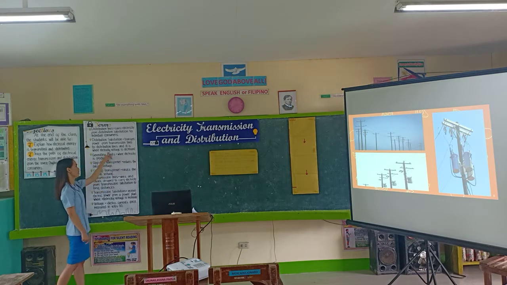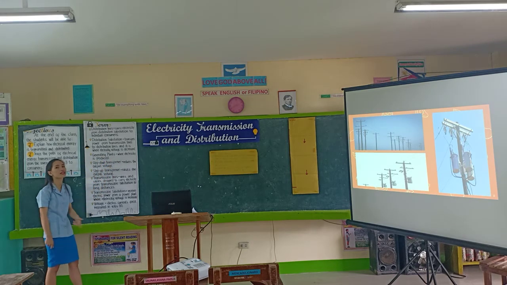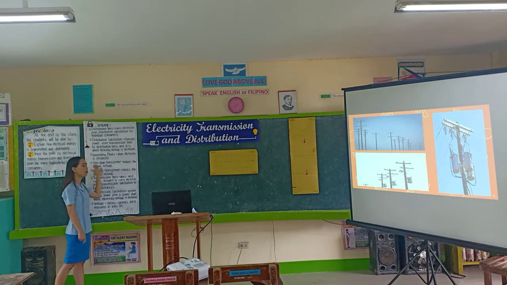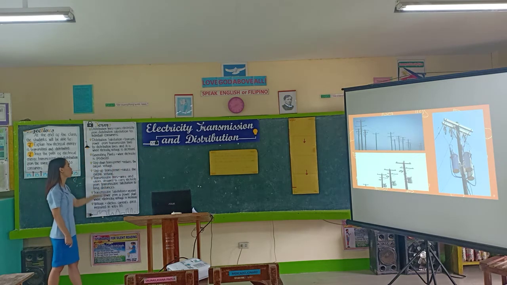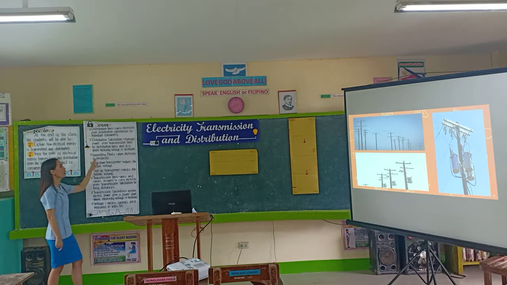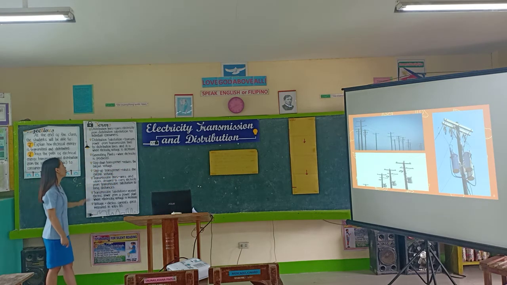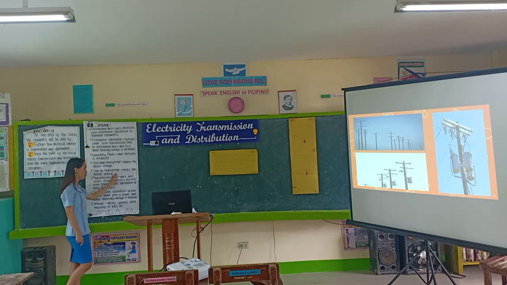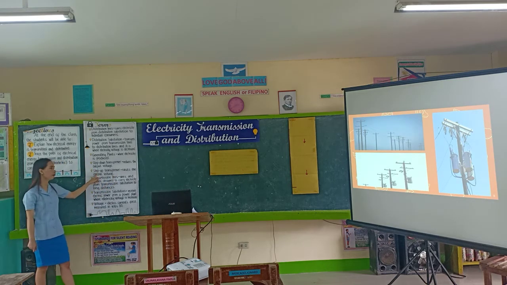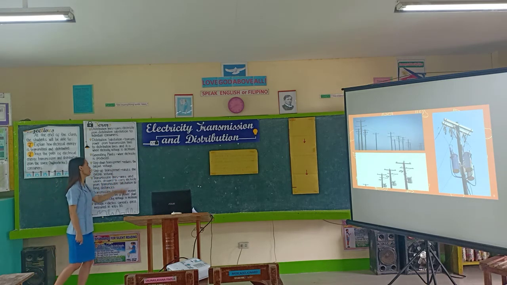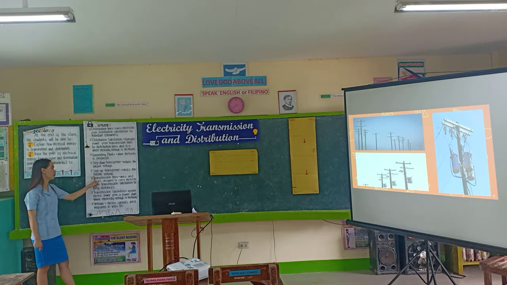We already discussed many power plants last meeting. Next one, step-down transformer. From the word step-down, it reduces the output voltage. Next one, step-up transformer. From the word step-up, it raises the output voltage.